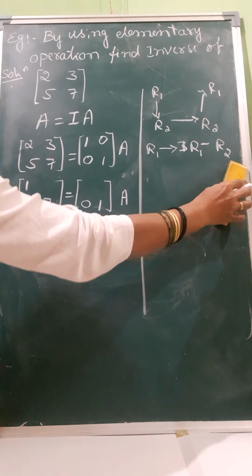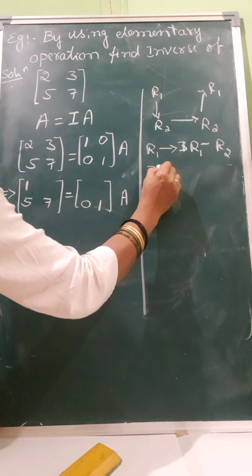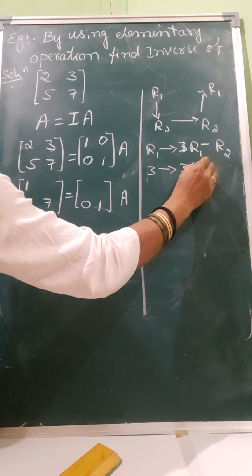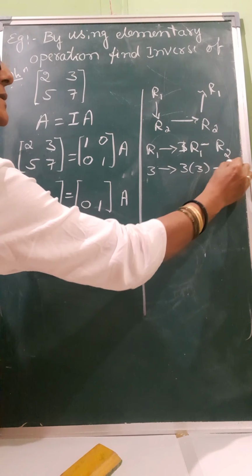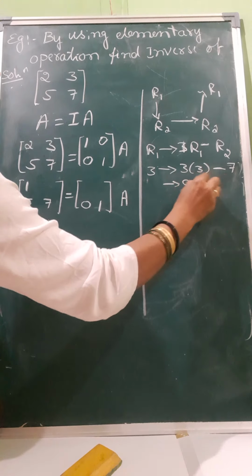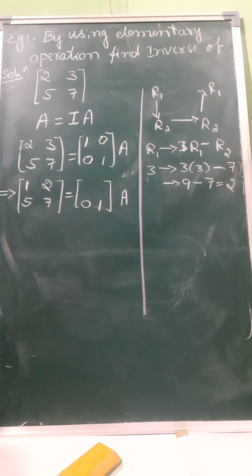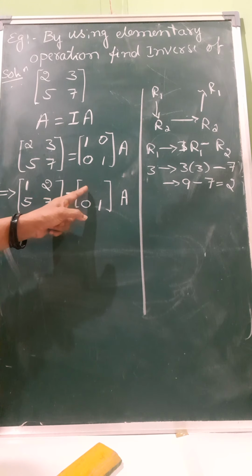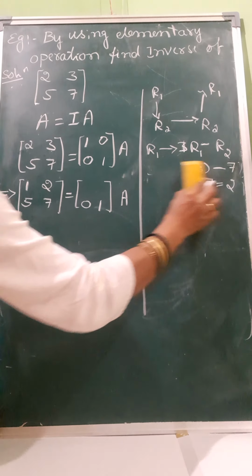Next we come to the second one, 3. 3 changes to 3 into 3 minus 7, so it becomes 9 minus 7, that is equal to 2. Not only this matrix, we can also change the elements of the first row in the identity matrix.